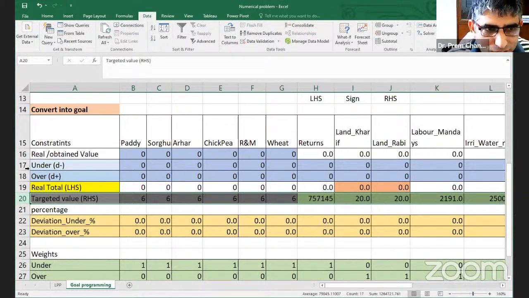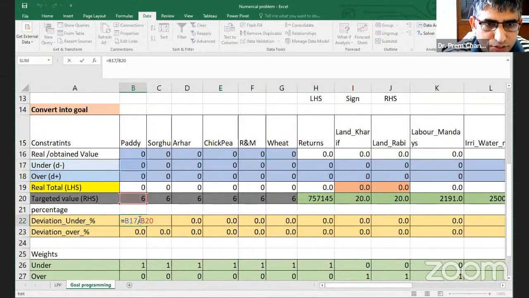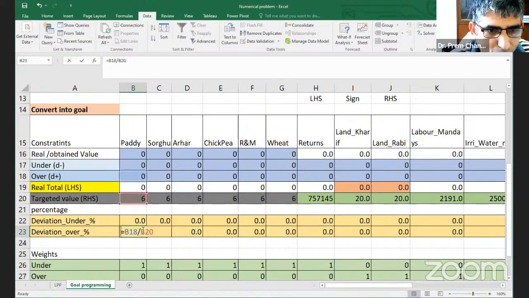These rows 17 and 18 are deviations. Rather than computing absolute deviation, I will compute the relative, percent deviation. So I have divided B17 by B20, means how much it is deviating from my target, either under or over.